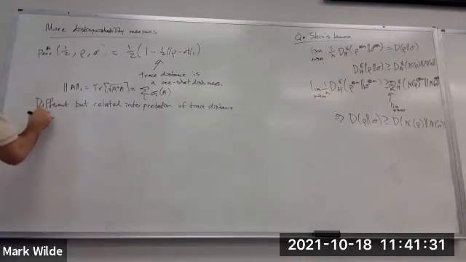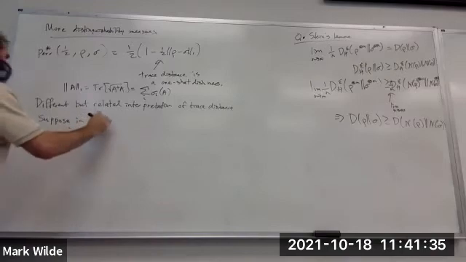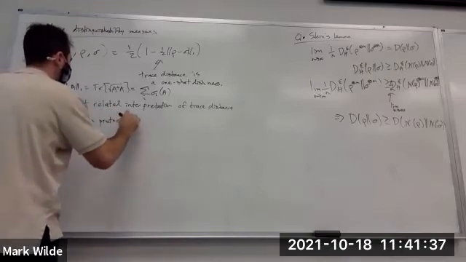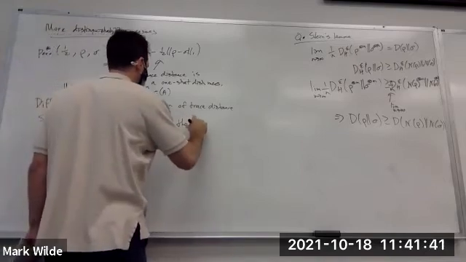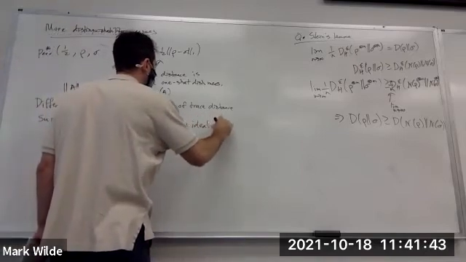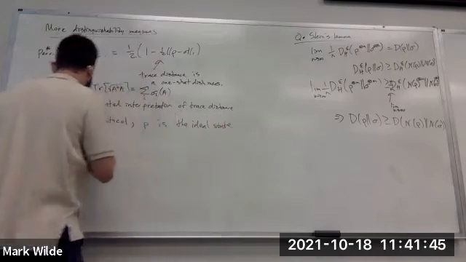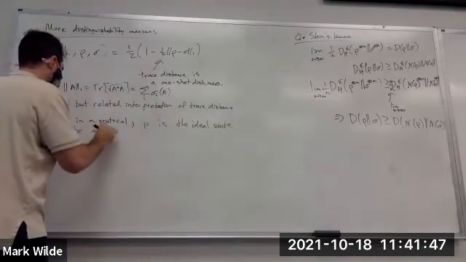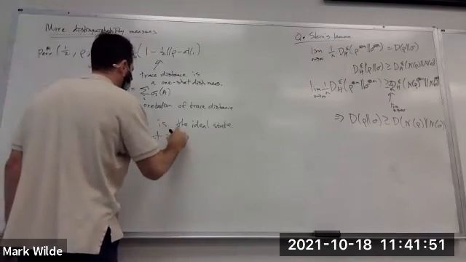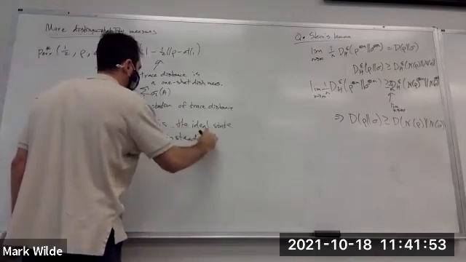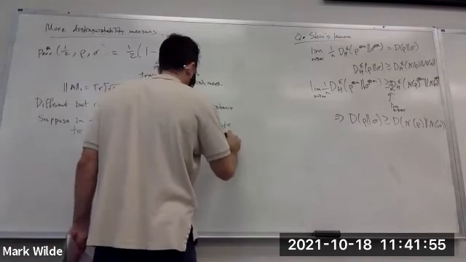So suppose in a protocol rho is the ideal state to generate, but instead we generate sigma.